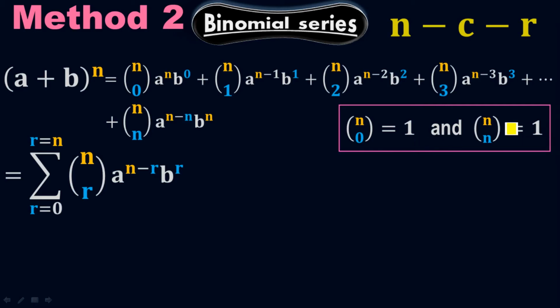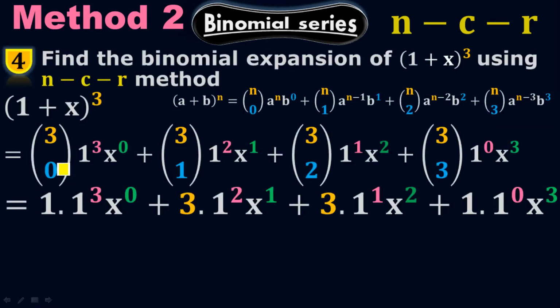Similarly, if n, which is the power, equals r, then it equals 1. Remember, these are actually the expressions to find the coefficient. So the coefficient for the first term will be 1, and the coefficient for the last term will also be 1. Therefore, 3 choose 0 is 1 and 3 choose 3 is 1.